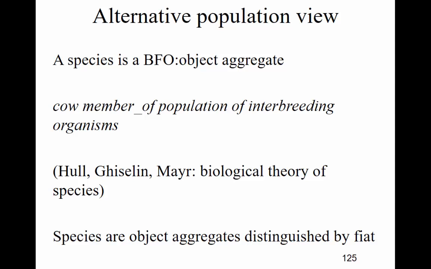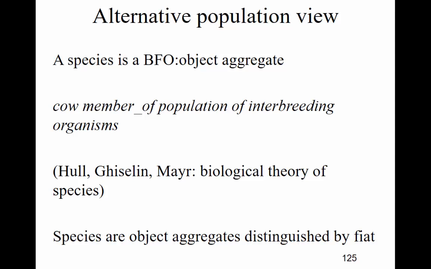And so you can see the element of fiat is present here. People can propose that a given collection of organisms be divided into a larger or a smaller number of species only if the division in question is a matter of fiat rather than a matter of a discontinuity in nature, what Plato again called a joint of reality.